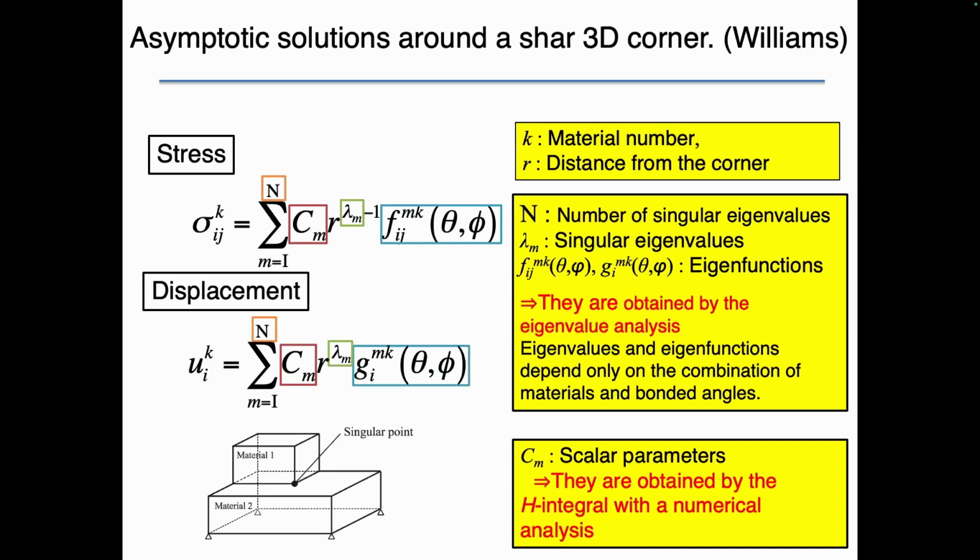And these eigenvalues and eigenfunctions are obtained only by the combinations of the materials and bonded angles. And only the scalar parameters Cm depend on the boundary conditions at far field, so we can obtain them using the H integral.